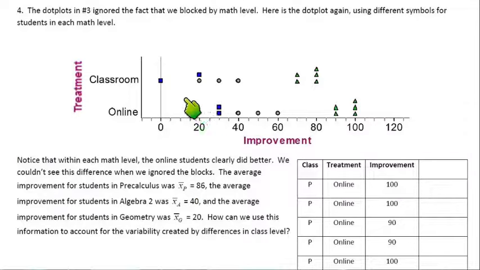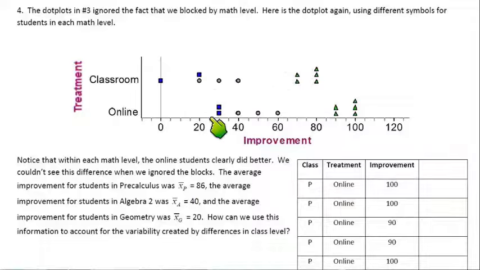Well, right now in this dot plot, the lowest possible improvement you could have gotten was obviously 0. You didn't improve at all. But if I want to be able to compare among the 3 classes, obviously pre-calc improved the most, geometry was the least. I need to give myself a baseline for what the average improvement was.